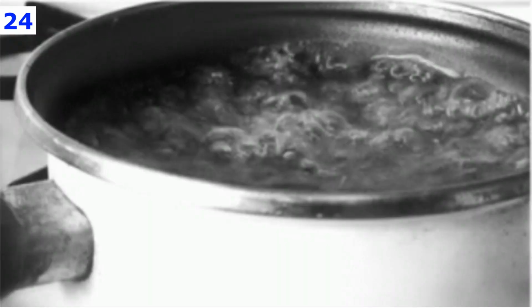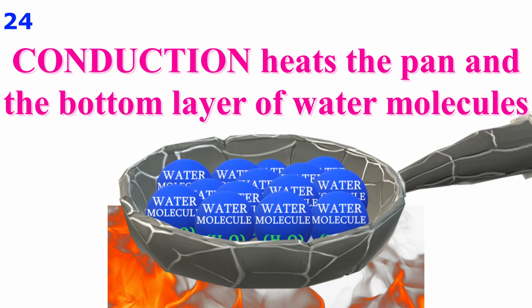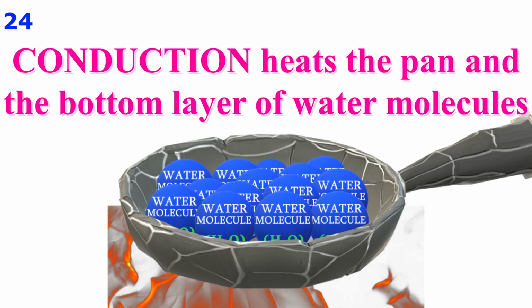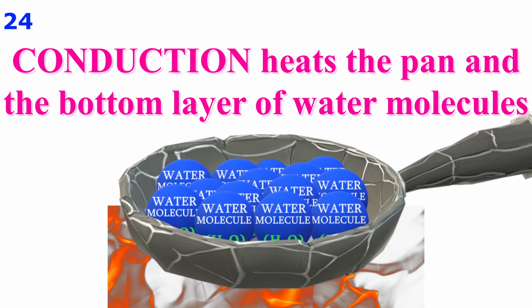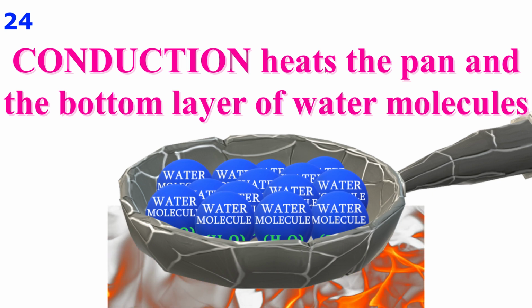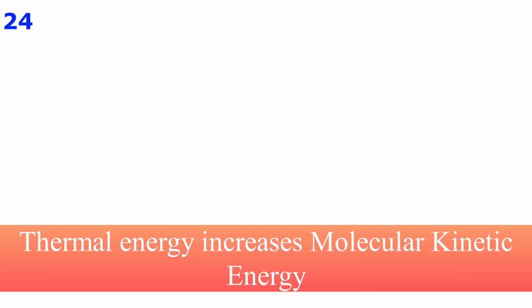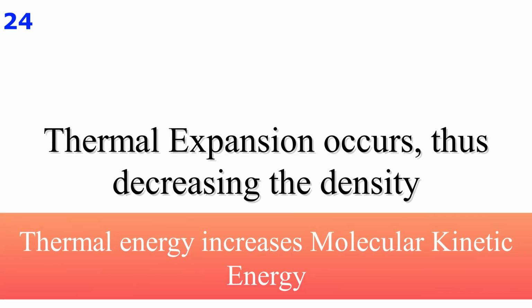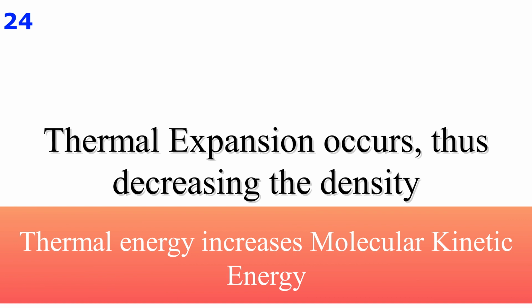Suppose boiling water. The initial heat transfer between the object and the fluid occurs through conduction. The hot water increases in thermal and molecular kinetic energy. Thermal expansion occurs due to which the lower layers of the water become less dense due to overheating.